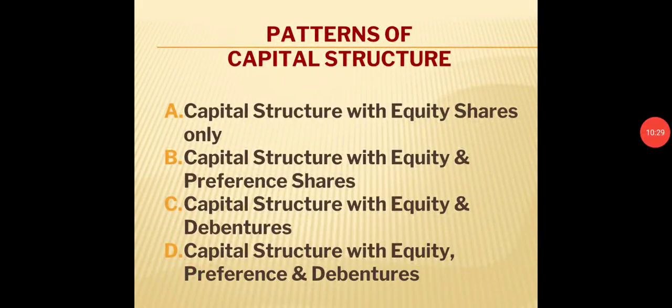So that's all about the capital structure with equities and debentures. Now the last source, that is capital structure with equity, preference and debenture. Generally in this source, a normal company is not able to make its capital structure with a combination of every security.